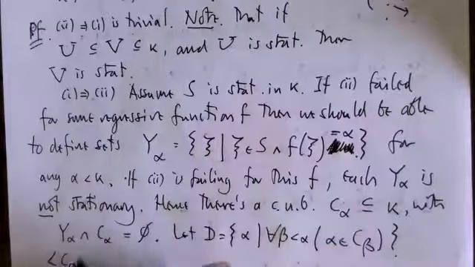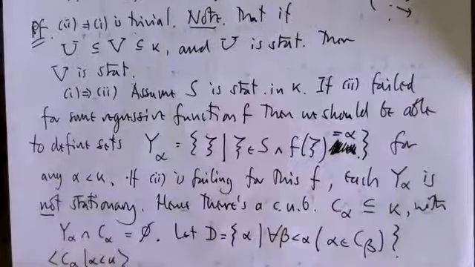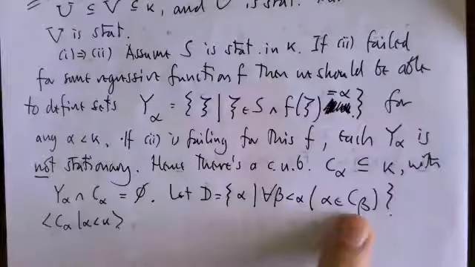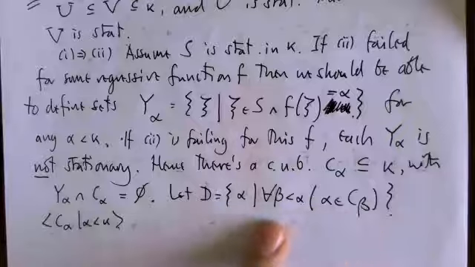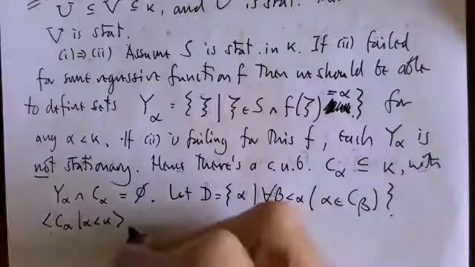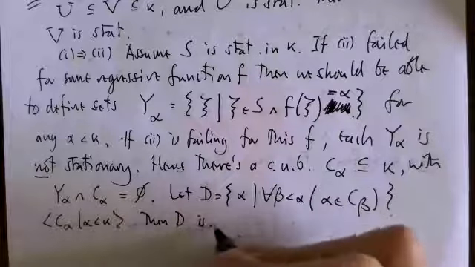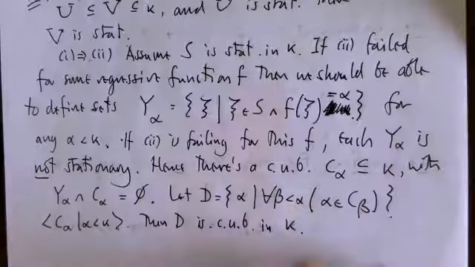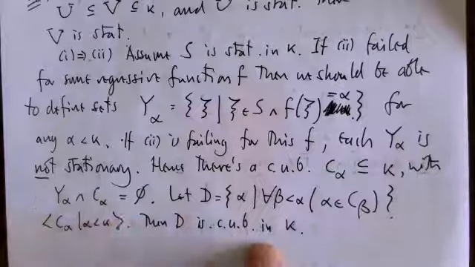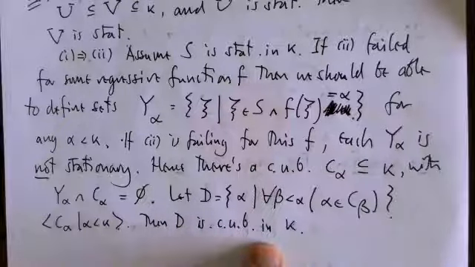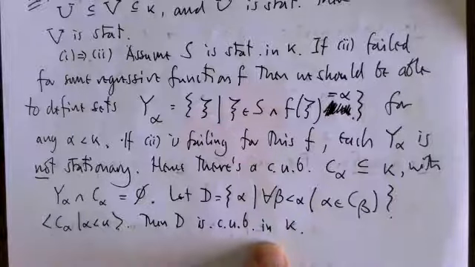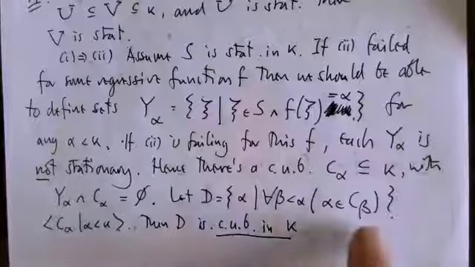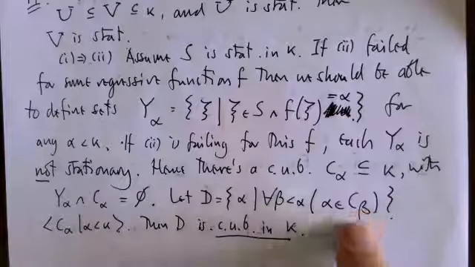So I've got this sequence of sets, and the diagonal intersection, as from before, is those elements that are in all the previously indexed sets. Then D is CUB in kappa. A diagonal intersection of CUB sets is CUB. So now I've got a CUB set, D, this sort of quasi-intersection of all the C betas.